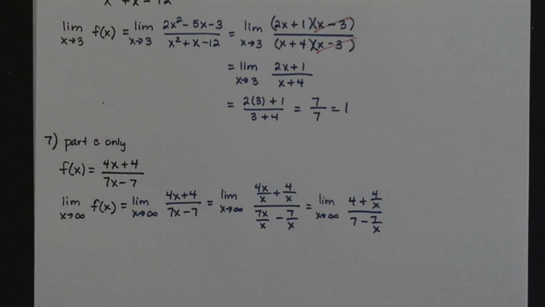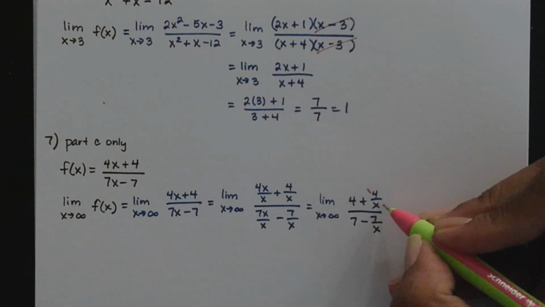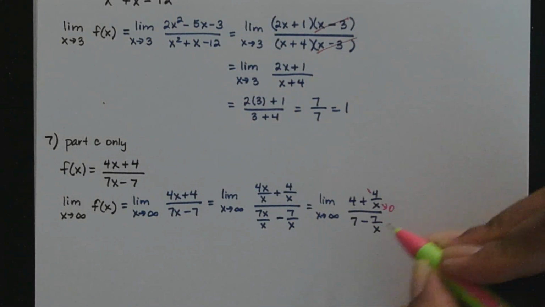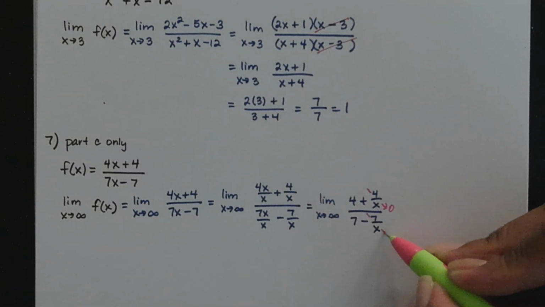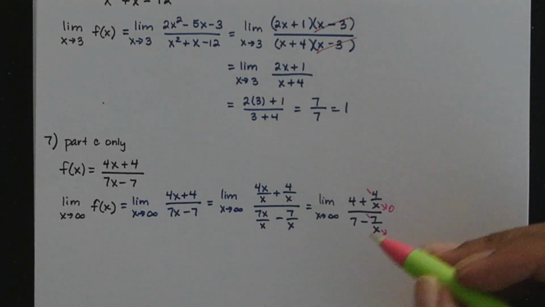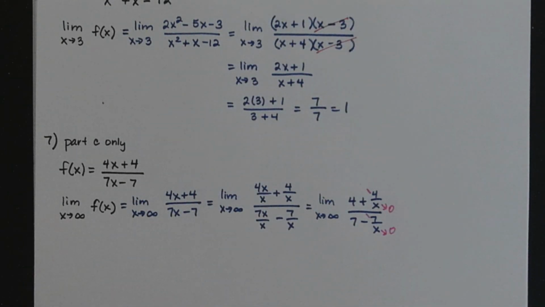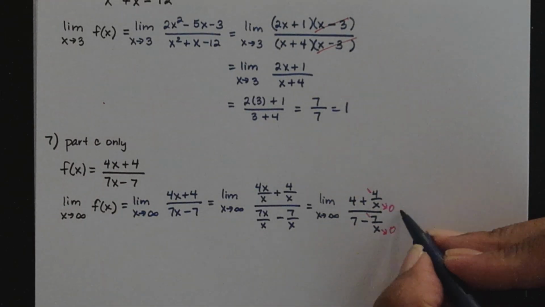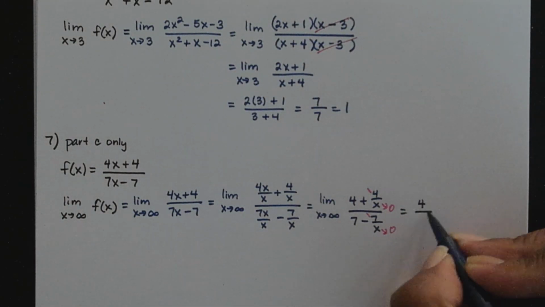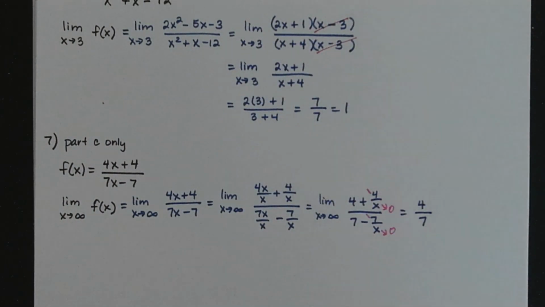But if we take the limit as x approaches infinity, this 4 over x goes to 0, and also 7 over x goes to 0 as well. So all you'll be left with is 4 7ths.